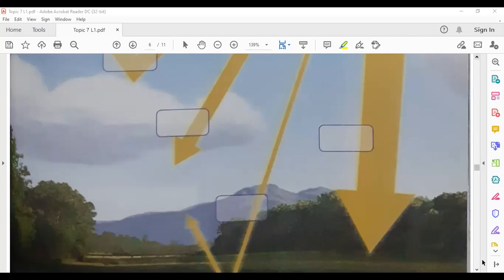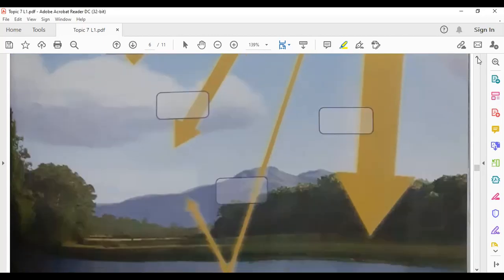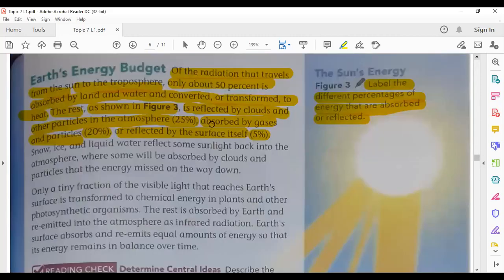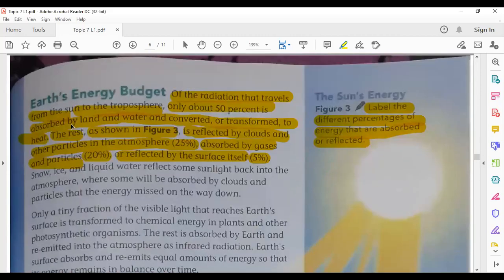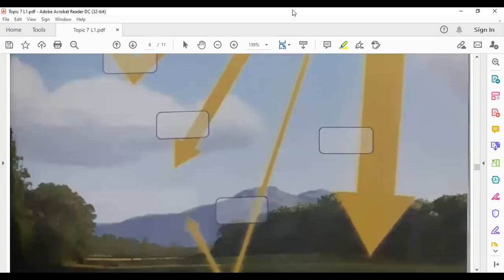What do you see? Look at the arrow. Look, 50% is absorbed by land and water. So this is... Oh, okay. So 50%. Yes. Please write here 50%.